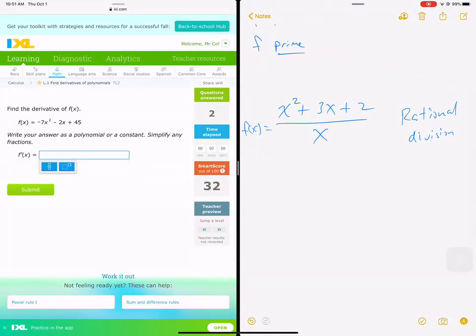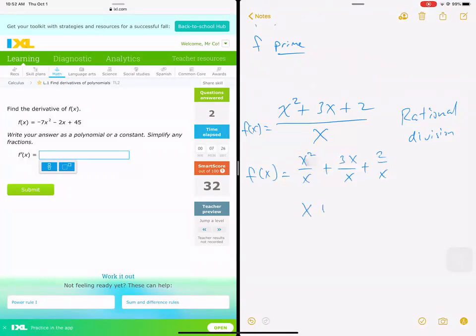Well, could I divide x's across here? I'm just going to rewrite it as x squared divided by x. So bear with me. I'm taking my time writing it. I think it's going to be helpful, because remember, when you're dividing, you could separate your divisions into separate fractions.